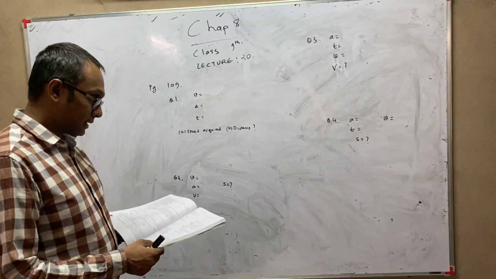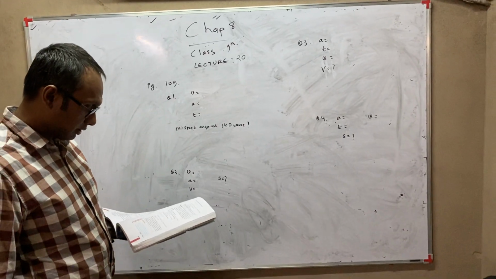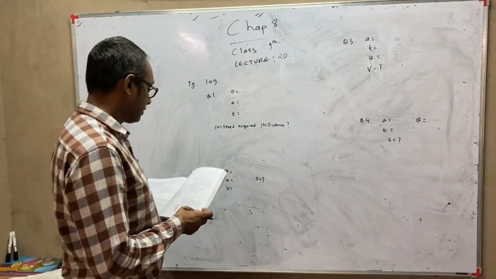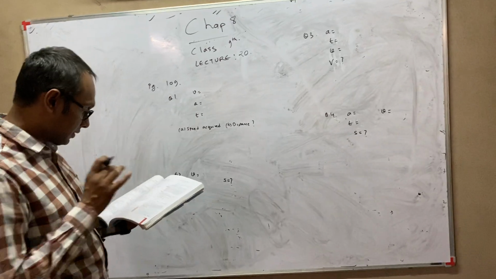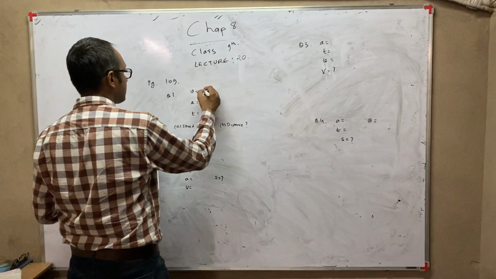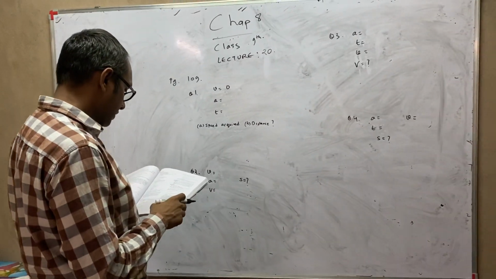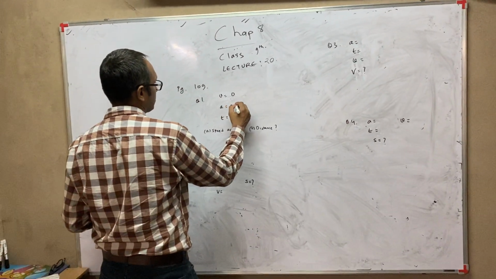A bus starting from rest moves with a uniform acceleration of 0.1 meter per second square for 2 minutes. So this is the first statement, and as I told you, first of all, whatever is given, you write. Starting from rest means our u is 0. Then it moves with a uniform acceleration of 0.1 meter per second square. So that is the acceleration.